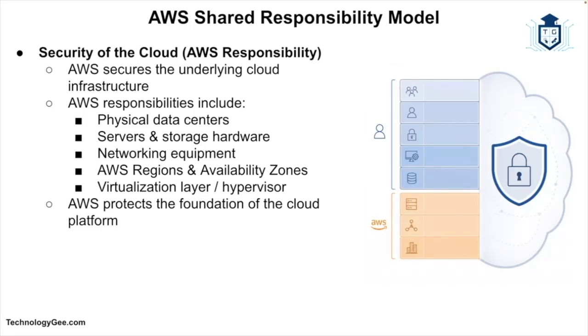So let's talk about security of the cloud. AWS is responsible for protecting the infrastructure that runs all the AWS services. This includes physical data centers, hardware like servers, storage devices, and networking equipment, your global infrastructure, where we're talking about regions and availability zones, and the virtualization layer, also known as the hypervisor. In other words, AWS secures the foundation.